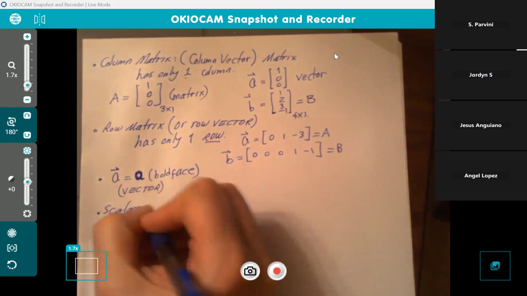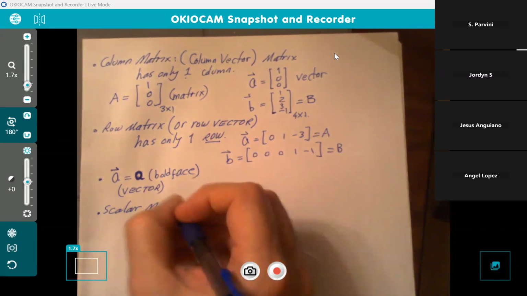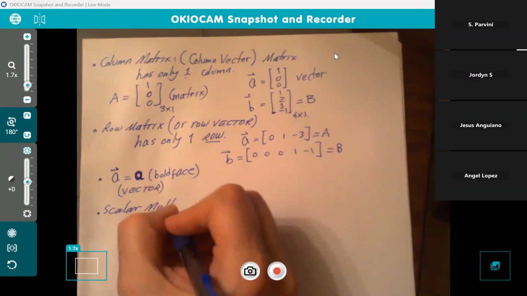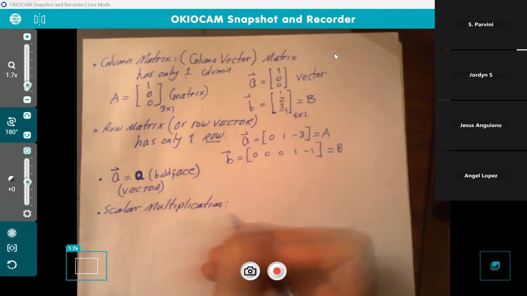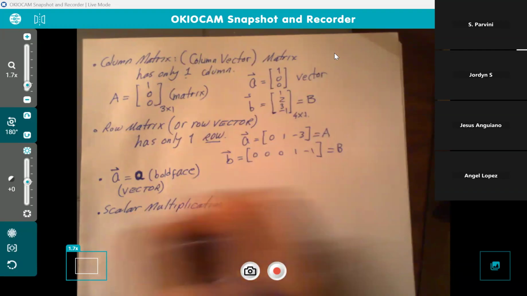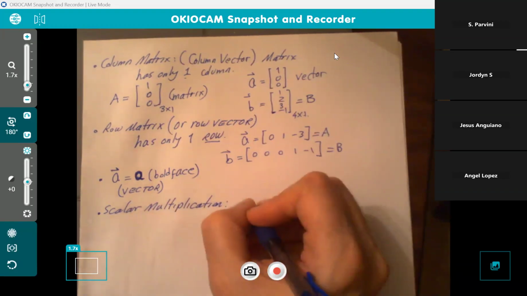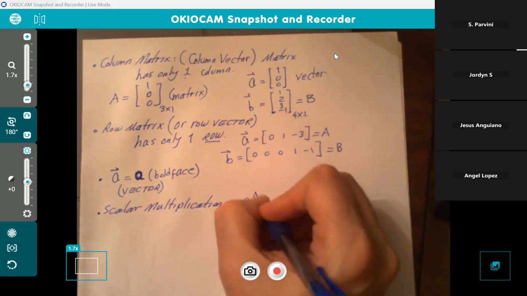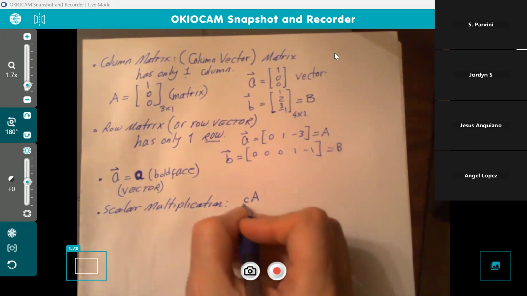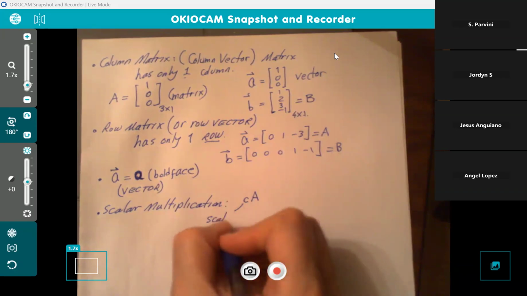Scalar, remember, we're looking at operations with matrices. Scalar multiplication here is written this way. I have little c, and then I have this capital A. C here is what we call a scalar.